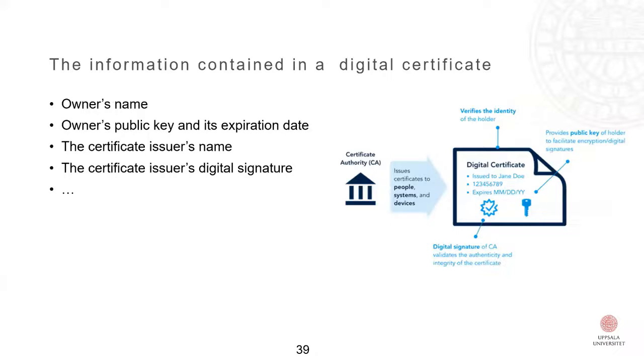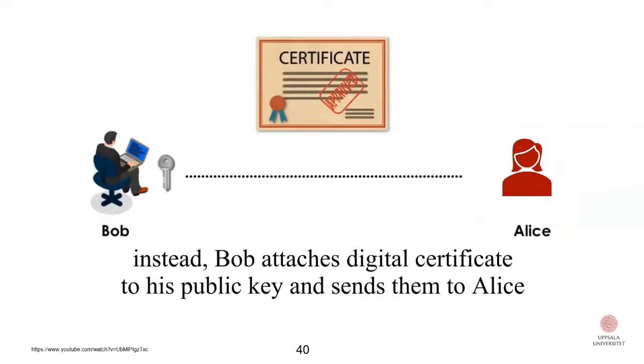And there is several information contained in the digital certificate. For example, the owner's name, the owner's public key, and when it will expire, and the certificate issuer's name, the certificate issuer's digital signature, etc. So now for sending messages, instead of sending the digital signatures, for example, Bob attaches his own digital certificate to his public key and sends them along the message to Alice.